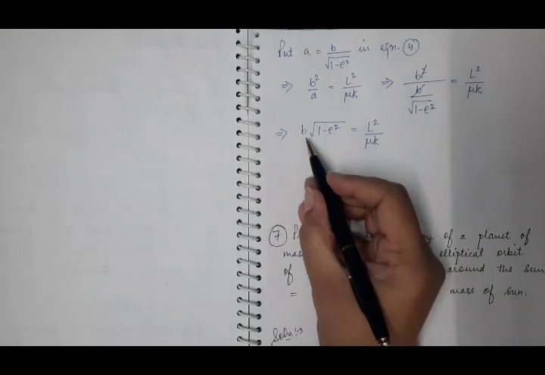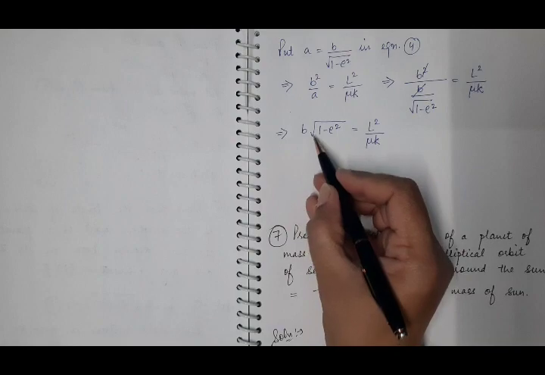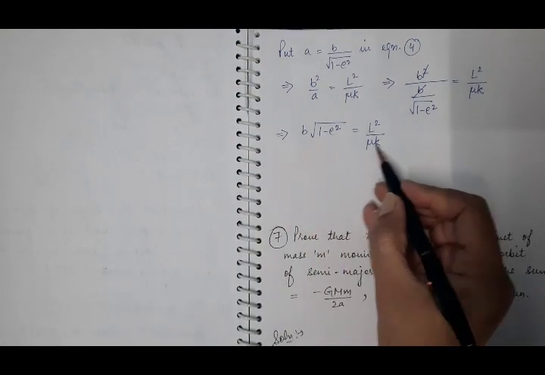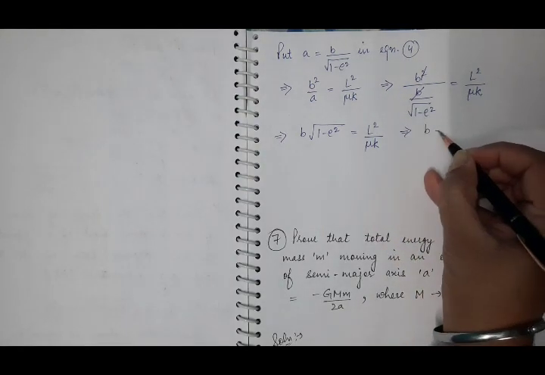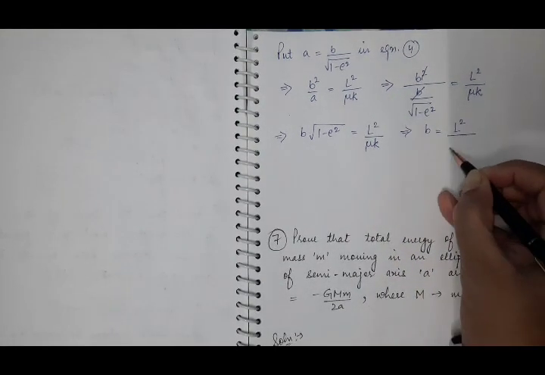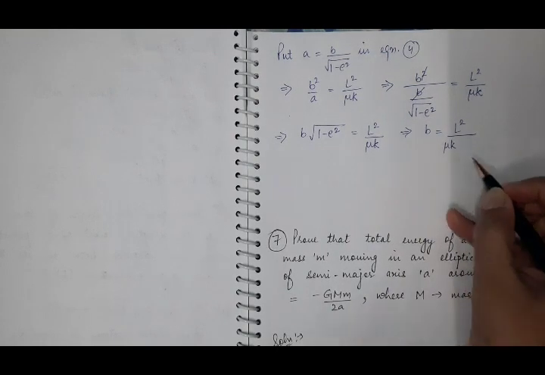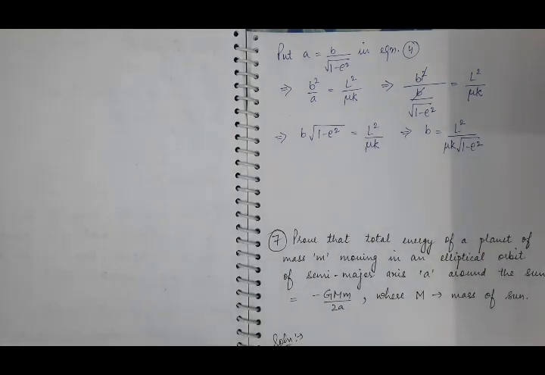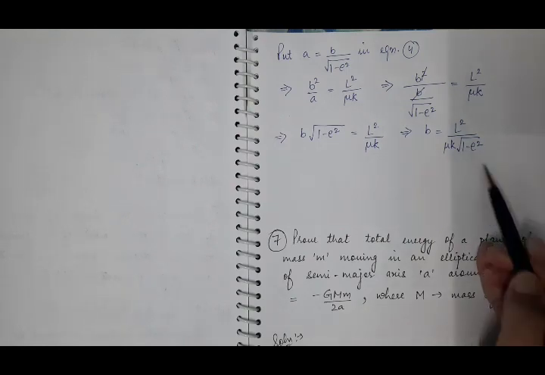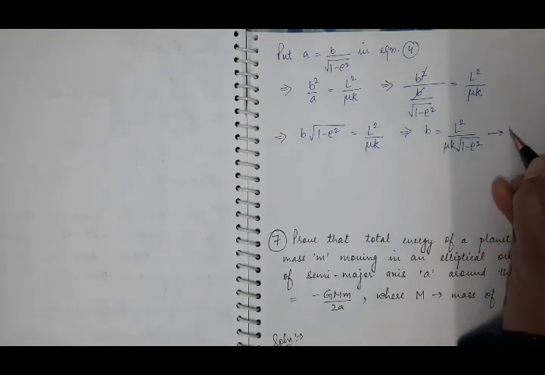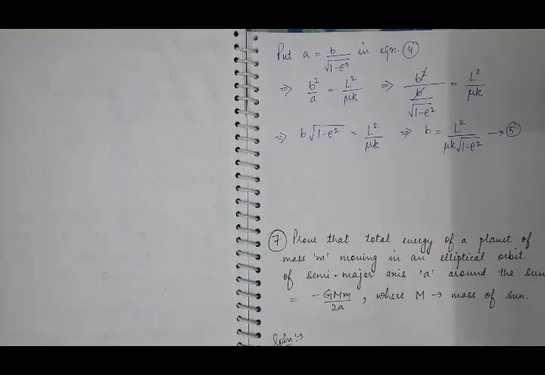And we have to find the value of b. So move this root 1 minus e square term to this side. So b is equal to L square by mu k, divided by root 1 minus e square. So now what we will do? We will find the value of this 1 minus e square and we will put that value here in this equation, and suppose this equation is equation 5th.